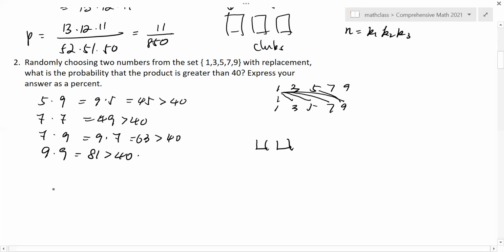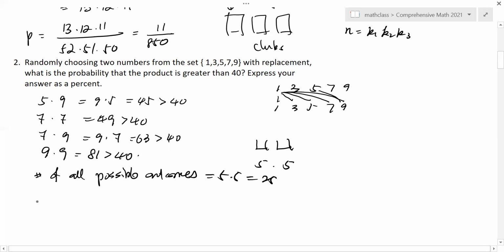So the denominator, the number of all possible outcomes: you have 5 choices for the first one, and the second one also has 5 choices. So the number of all possible outcomes is 5 times 5, 25.